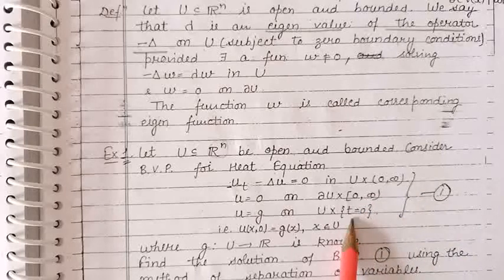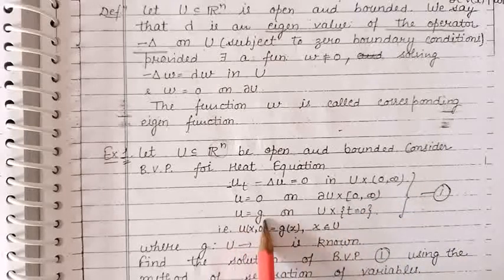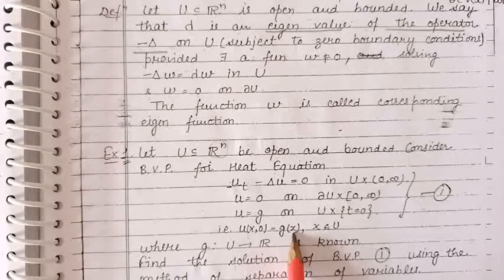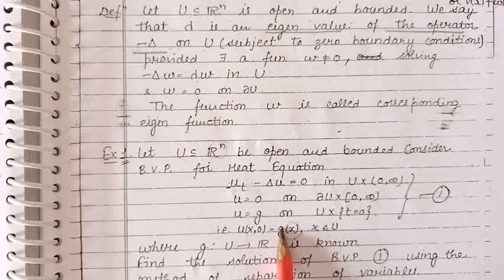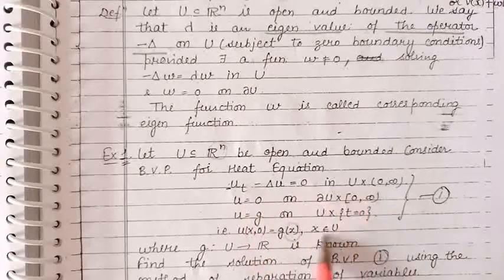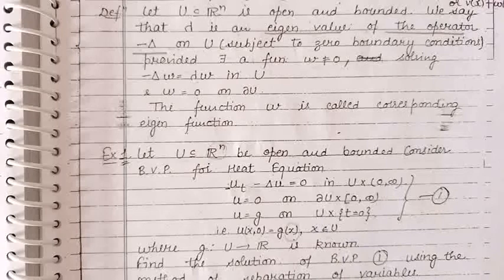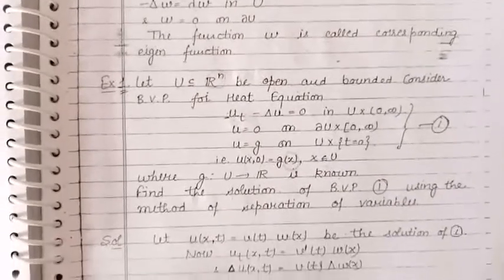When time is 0, the value of function u is g, which means the value of function u at the point (x, 0) is g. g is a function of x and x belongs to U. Here g is a real valued function defined on U. Now let us find the solution of this boundary value problem by using the method of separation of variables.